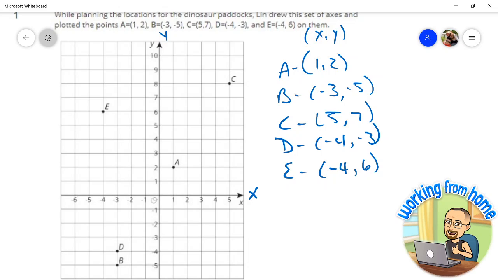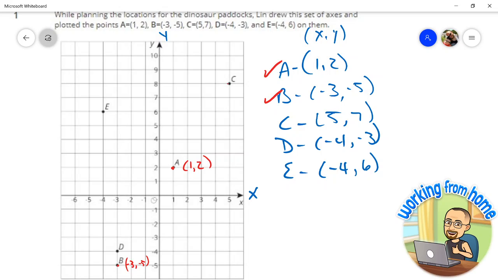All right, A. Here, let's change colors. This A is 1, 2. Is that correct? Does that match? Yes, it does. A is good. B. B on here is -3, -5. Does that match? Yep. Beautiful.